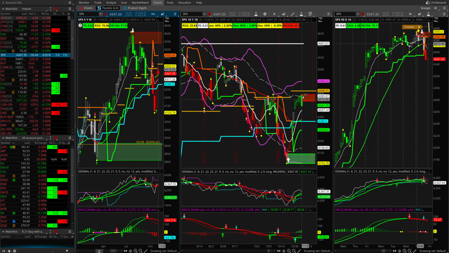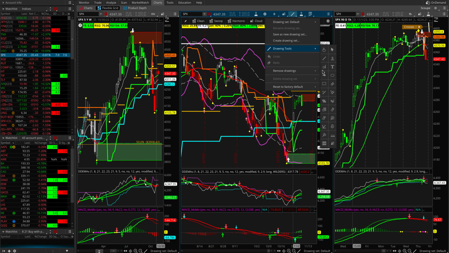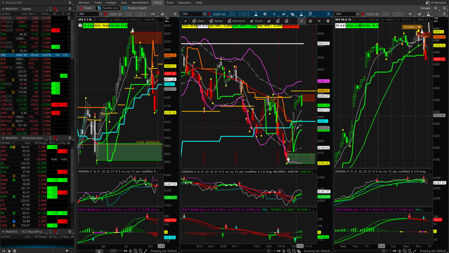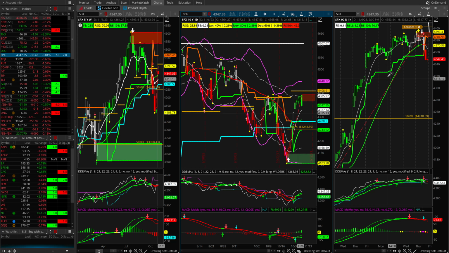So now I'm expecting to go back to about the 50% level of that, and I could draw it on here, and for the sake of education, since that's really what we're doing here, I will do it. So we'll click down here at the bottom, we'll click up there at the top, and that is the 50% line. So that is where I'm expecting price to possibly get to.